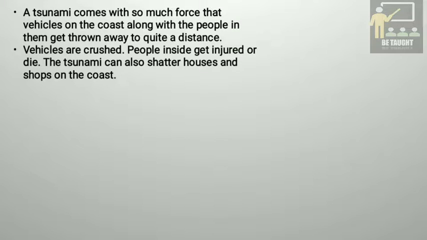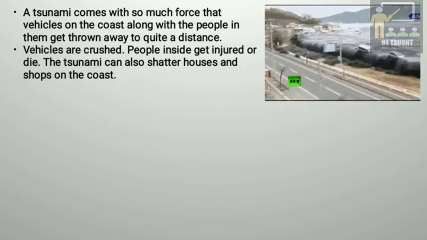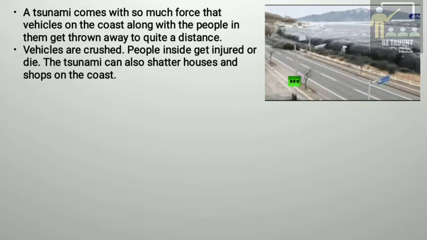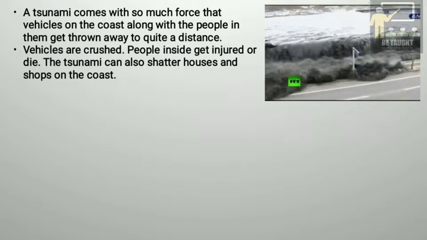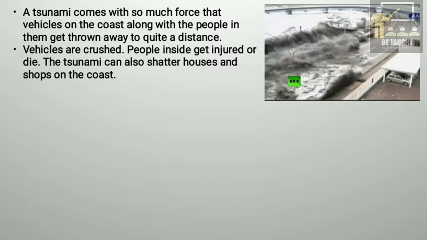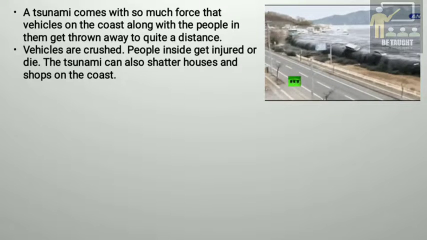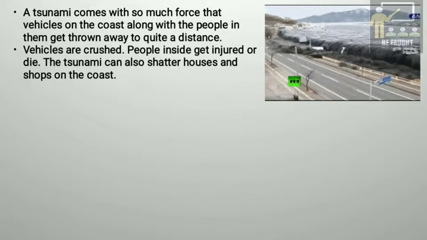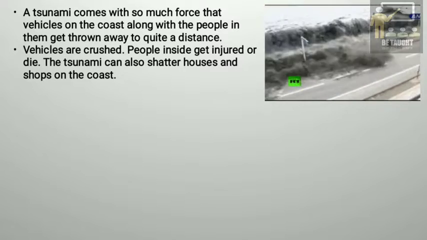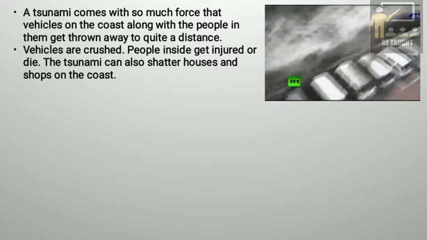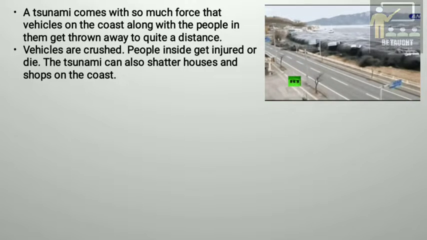A tsunami comes with so much force that vehicles on the coast, along with the people in them, get thrown away to quite a distance. Vehicles are crushed. People inside get injured or die. The tsunami can also shatter houses and shops on the coast, as you can see in the picture.